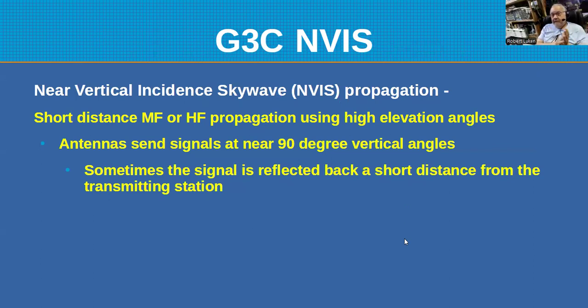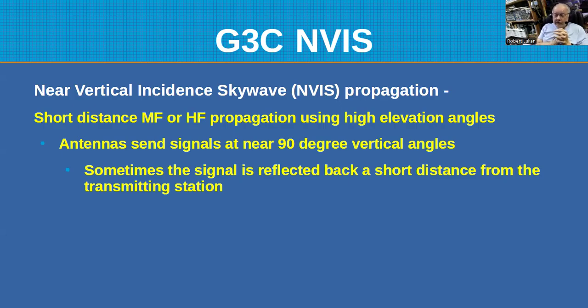Okay, NVIS, near vertical incidence skywave. If you want to do short distance, you can use a very high elevation angle. One of the ways to do that is to lower your antenna, particularly something like a dipole.